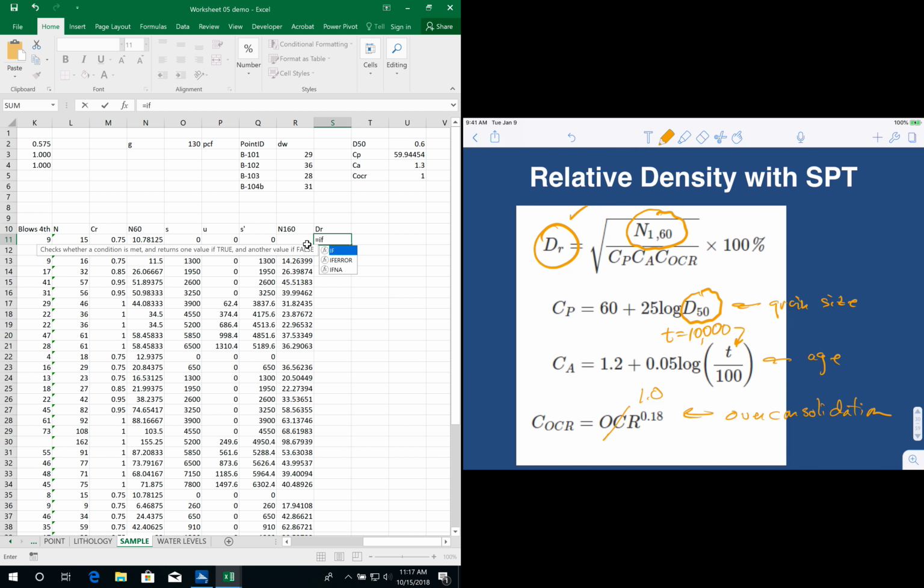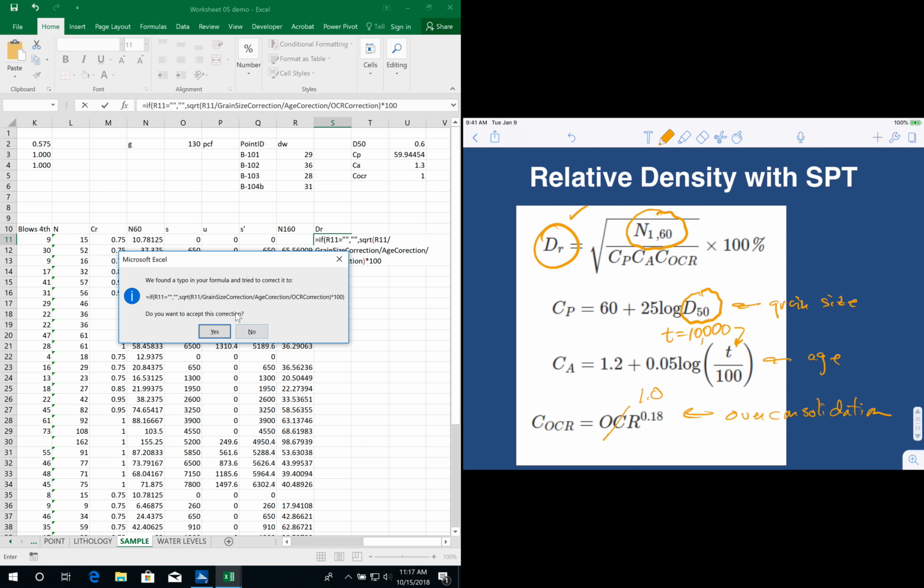So if this is equal to nothing, else square root, and then we've got our N160 divided by C sub P, divided by your C sub A, divided by your C sub OCR, and we'll multiply the whole thing by 100.